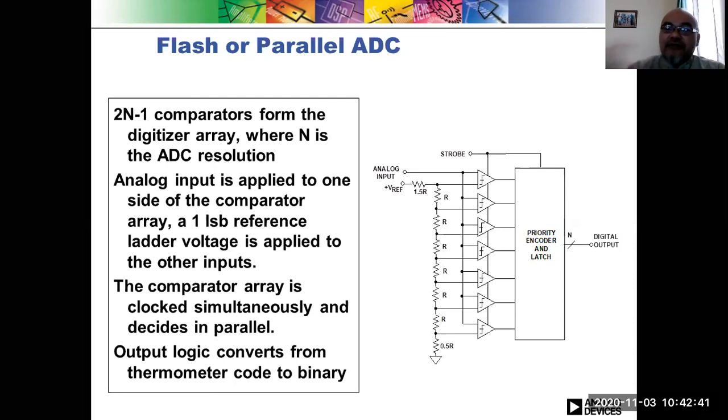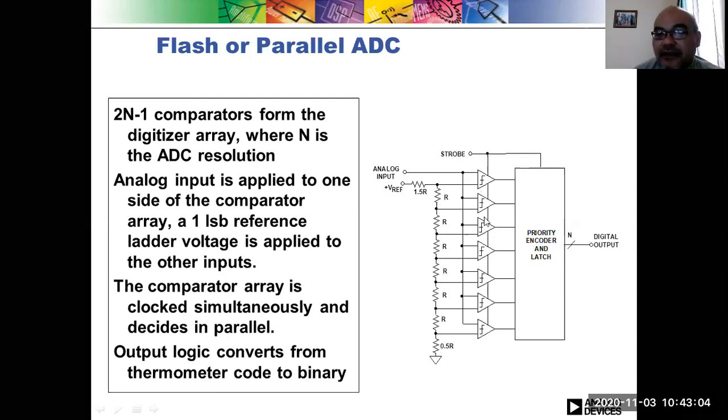Then this value is converted using the comparators, and at the same time becomes a digital value. So if you have N bits of ADC resolution, then you will need 2 power N minus 1 comparators to form the digitizer array.